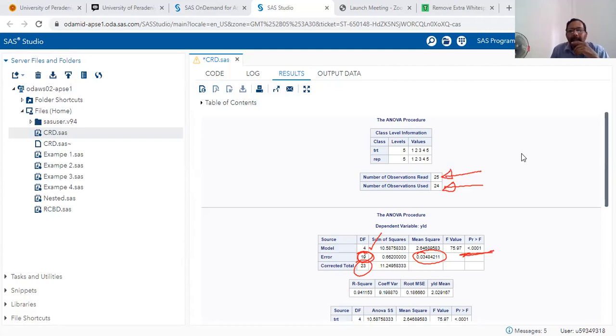So we can analyze that data also, for the missing data. So don't worry if one plot is damaged. Don't cry like a child. You can still do the analysis.